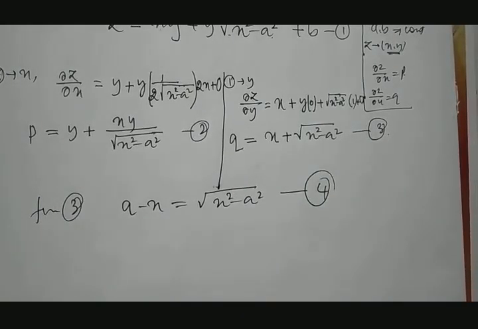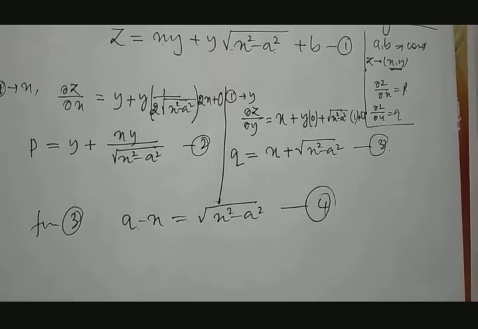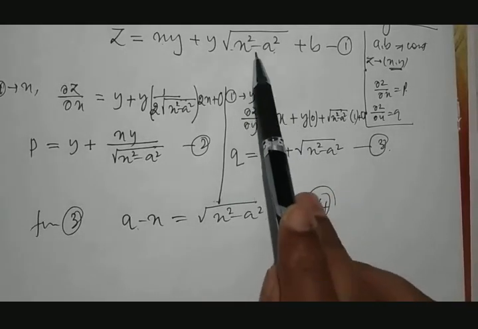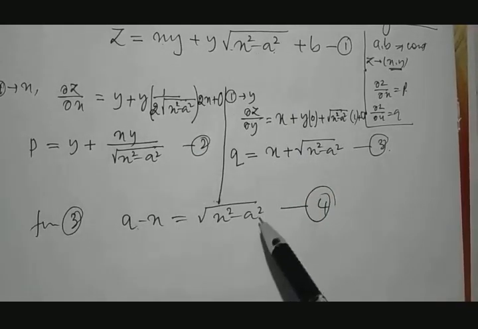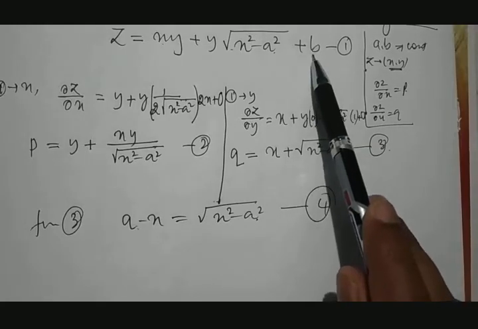Fine. So square root of x square minus a square is equal to q minus x. This has to be substituted. If you substitute this in equation number 1, this will be replaced by this, meaning arbitrary constant a got eliminated, but b is there, that will remain as it is.